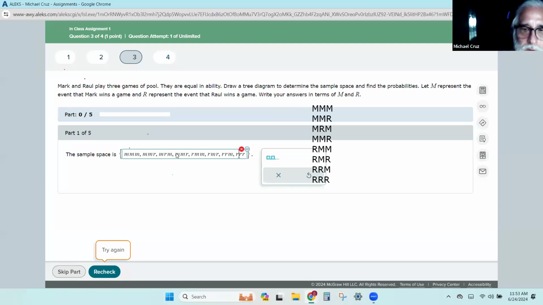MM, 1, 2, 3. One of the numbers. It's not numbers. I don't want to have to draw this thing again. MMR, MMM, MMR, MRM. Oh, wait a second.